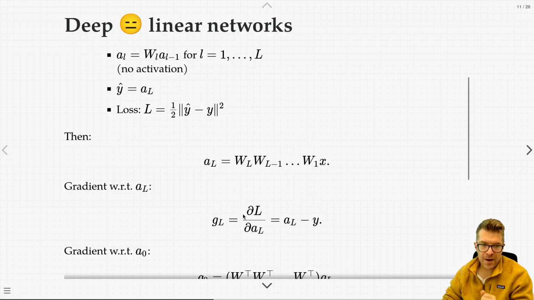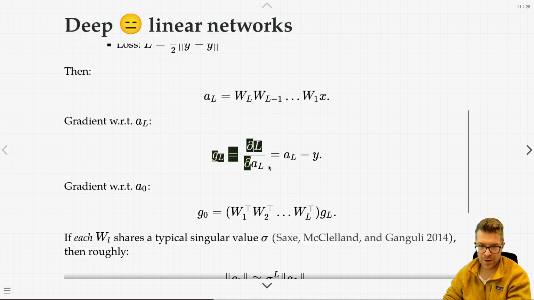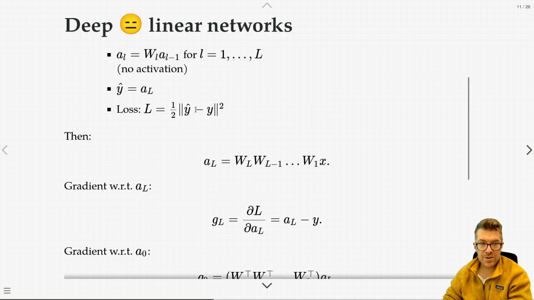I want to take my gradient with respect to my output, a sub big L. So here's my loss, here's my gradient with respect to the output. There's not much to it. My prediction is just a sub L, so I can replace y hat with a sub L in this loss function.